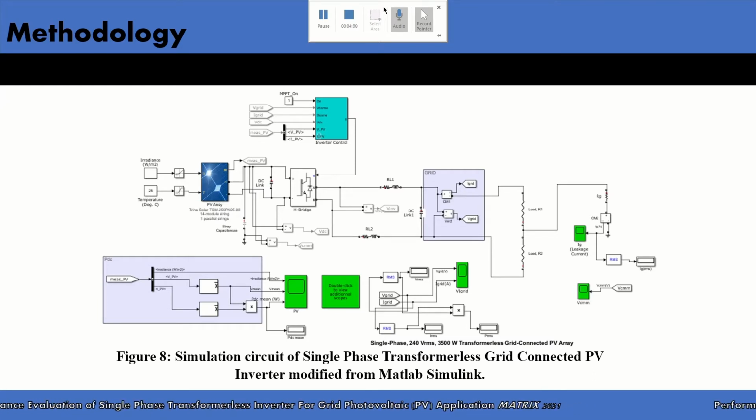So the methodology: the simulation circuit of the single phase transformerless inverter, as we can see in figure 8, uses MATLAB Simulink. The circuit is modified from the existing pre-installed simulation circuit of a single phase grid connected inverter inside Simulink.